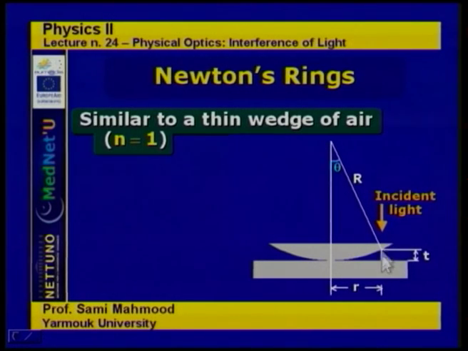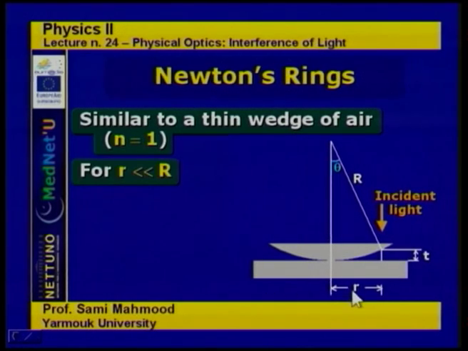These reflected lights encounter interference and show an interference pattern. This device that produces the interference can be considered like a wedge of air, where n is equal to 1, and we can get exactly the same result as for the thin wedge or the thin film.